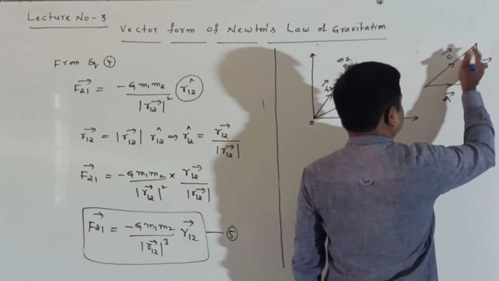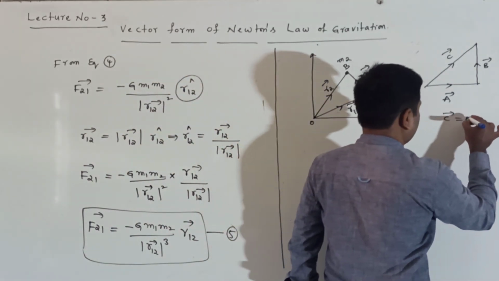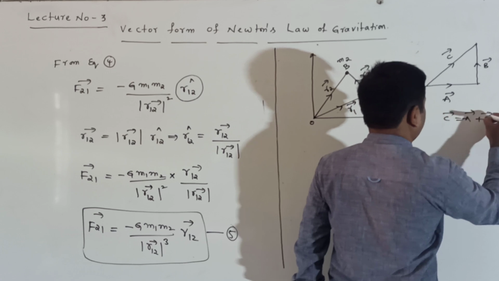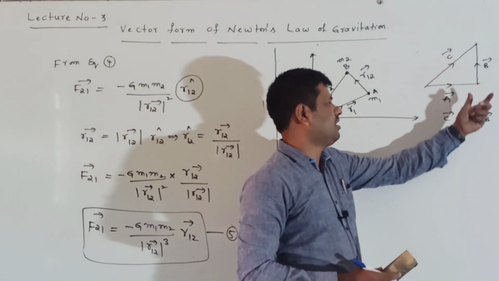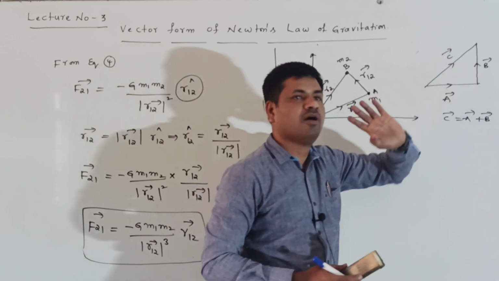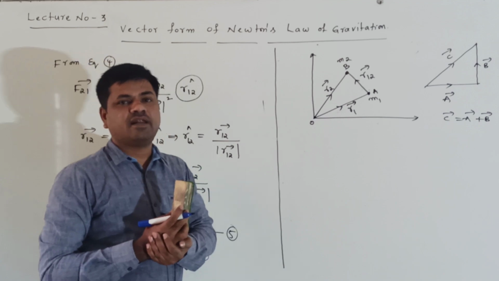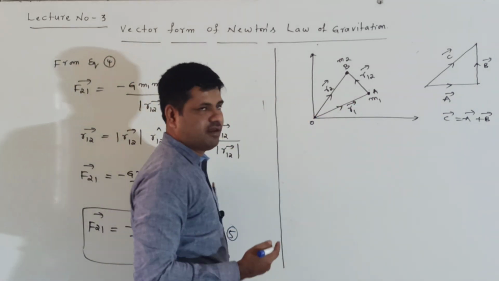These two are in the same direction and this one is in the opposite direction. So C bar is equal to A bar plus B bar: the same direction vectors are added and equated to the opposite direction vector. This is the triangle law of vector addition, and from it I now apply it here.